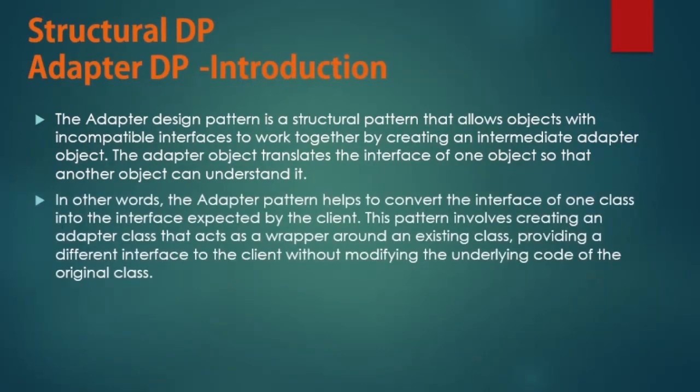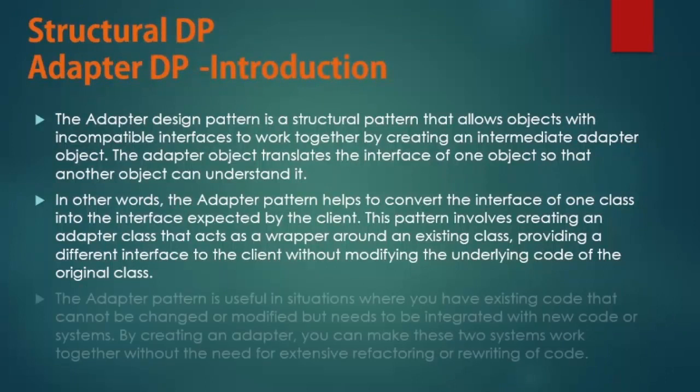In other words, the adapter pattern helps to convert the interface of one class into the interface expected by the client. This pattern involves creating an adapter class that acts as a wrapper around an existing class, providing a different interface to the client without modifying the underlying code of the original class.